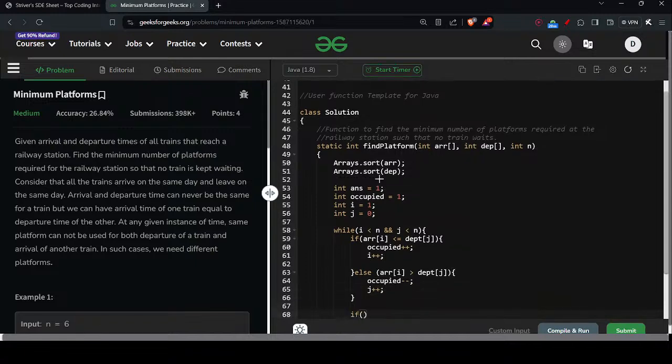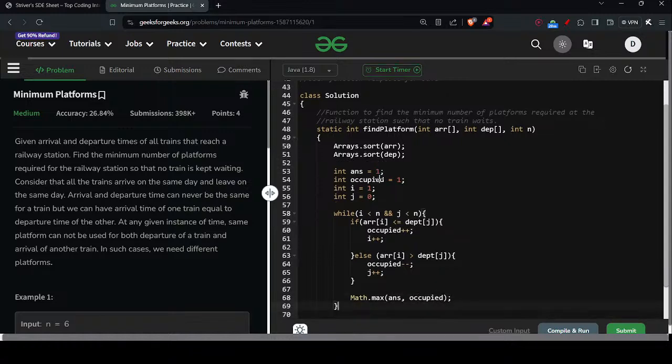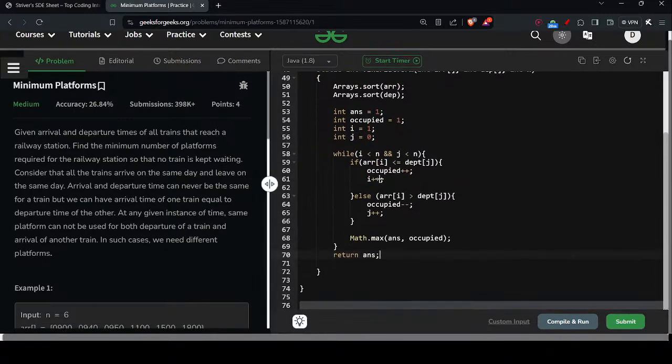If answer is less than occupied, answer equals Math.max of answer or occupied. This is done. We will return answer. That was it. Let's go.